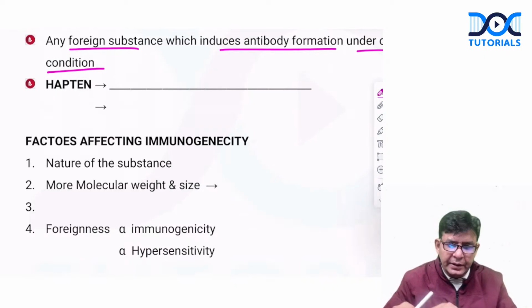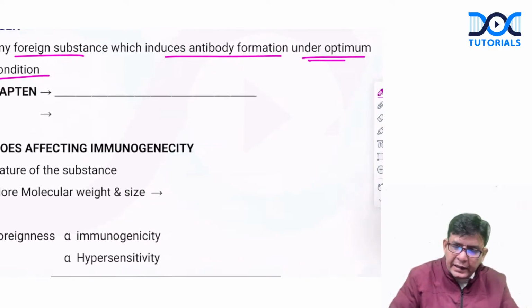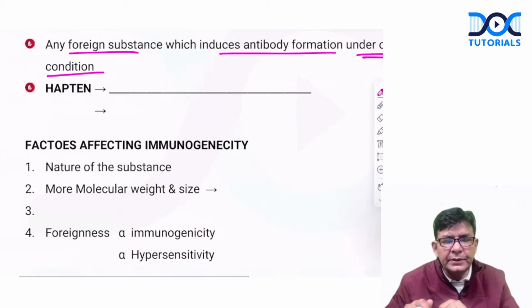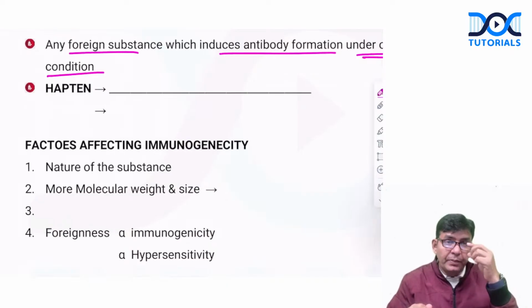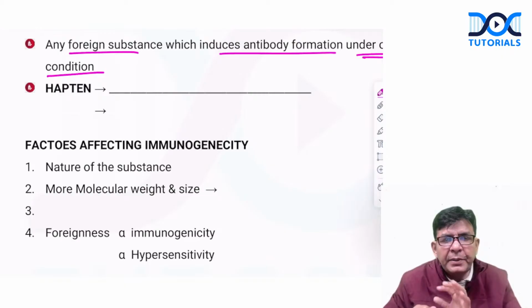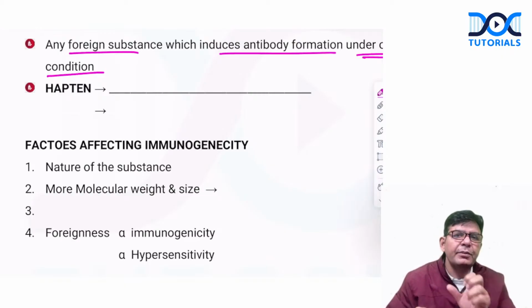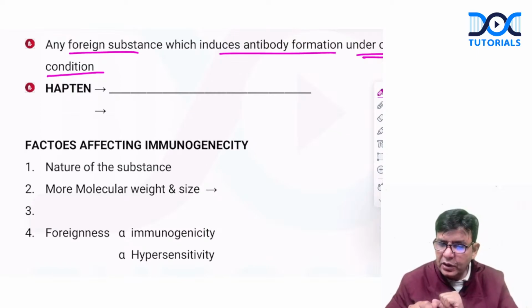Antibody formation. But important is what? Under optimum condition. And what sort of optimum conditions are those? They should be optimum pH, optimum temperature. So that particular thing should be optimum. Then only the antibody will be produced. So that is the logic of this particular stuff. That is the antigen. Okay.